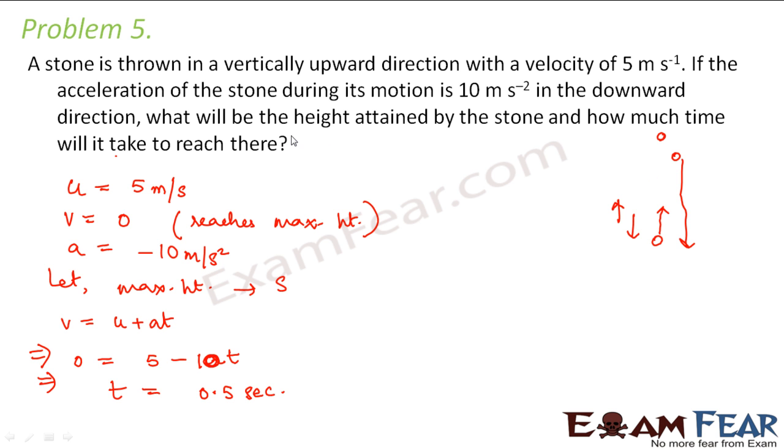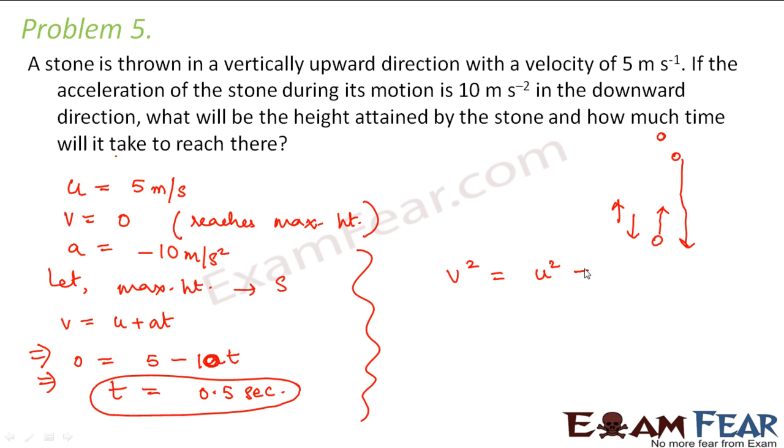Now we have to calculate the maximum height h and also the time it will take to reach there. We have already calculated the time taken to reach the maximum height. Now we have to calculate s. Let us make use of the third equation, that is v square is equal to u square plus 2as. So 0 square is equal to u square, that is 5 square, plus 2 into a, which is minus 10, into s.